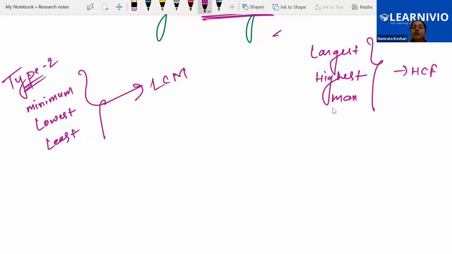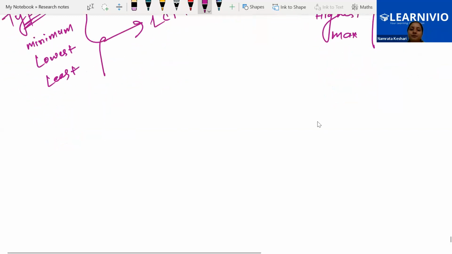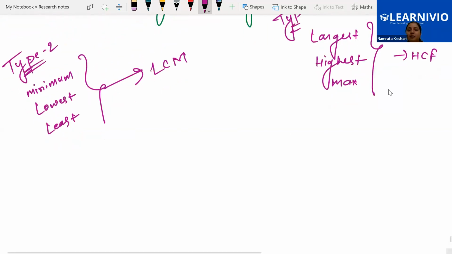And type 3 of question will have words like largest, highest, maximum. If you see these words in the question, it is giving us the hint that we need to find the HCF. Clear so far? Yes, ma'am.